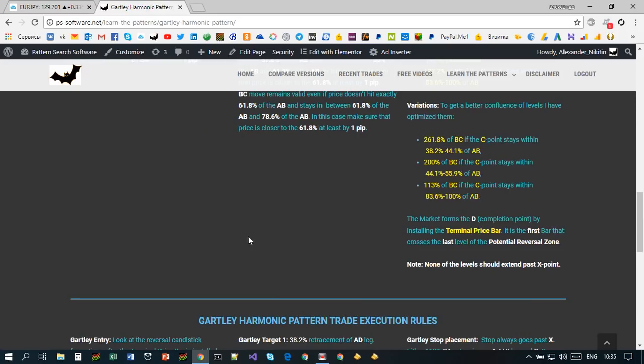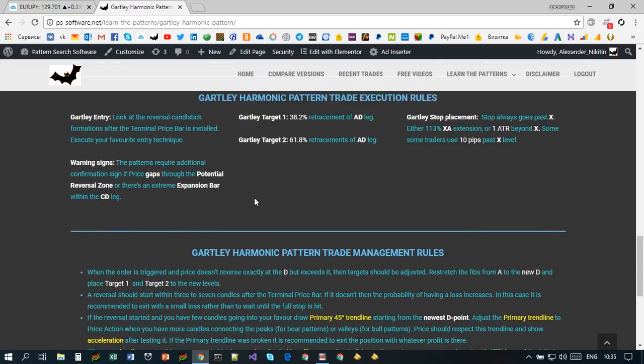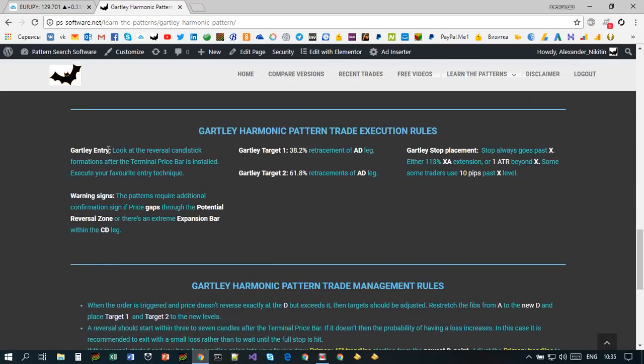Okay, now let us read the execution. After you have a terminal price bar, look at the reversal candlestick formation after the terminal price bar is installed. Execute your favorite entry technique. And there are some warning signs. The pattern requires additional confirmation sign if price gaps through potential reversal zone, or if you have an extreme expansion bar.